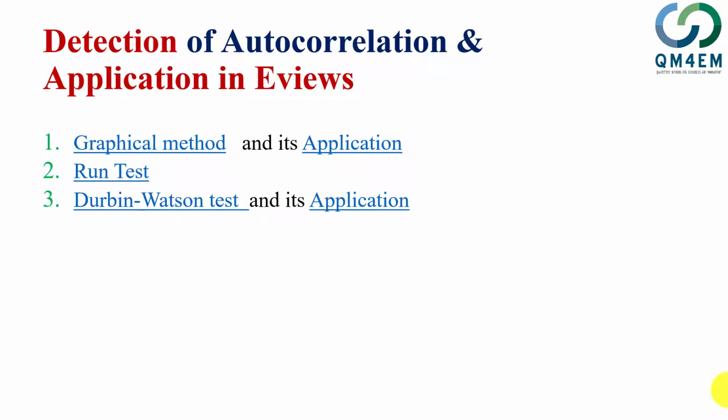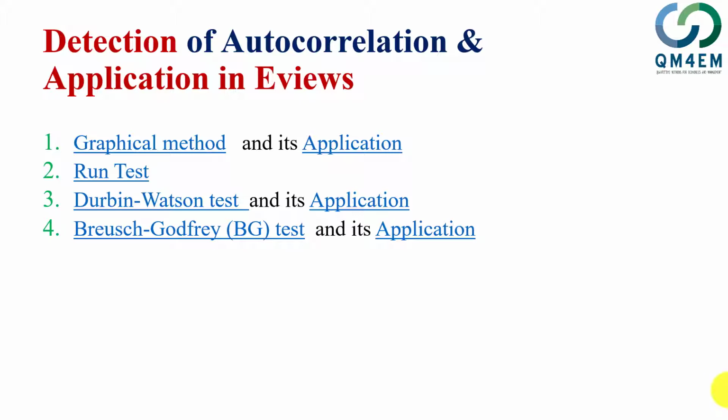Then we talked about the Durbin-Watson d-statistic test, and we saw its assumptions, the critical region, and how this test works. A value equal to or close to 2 represents no autocorrelation. If the value is 0 or close to 0, it represents positive autocorrelation, and if the d statistic is 4 or close to 4, it can be an indication of negative autocorrelation.